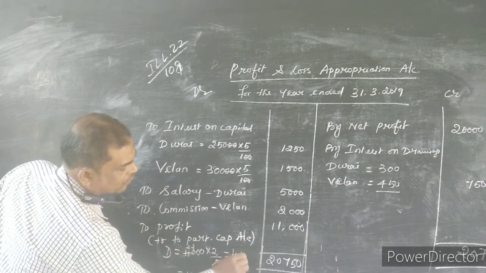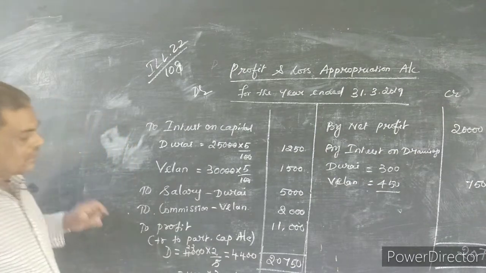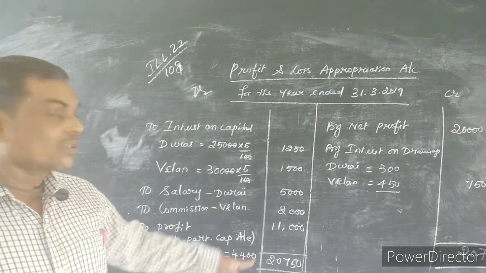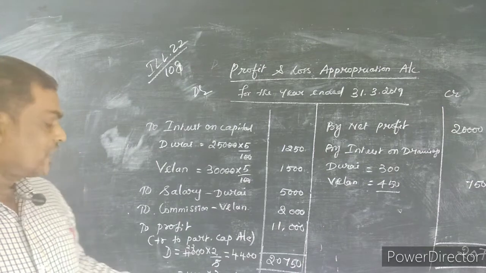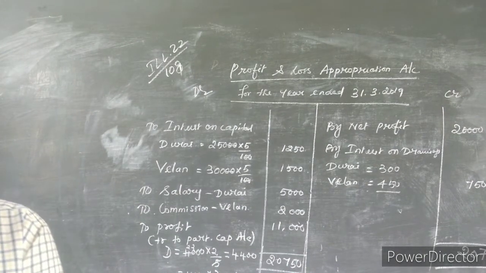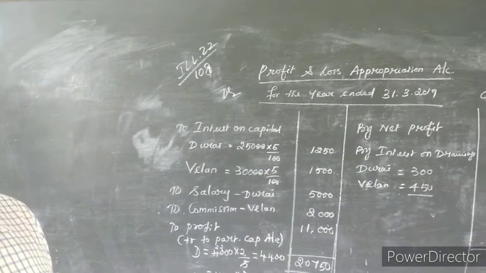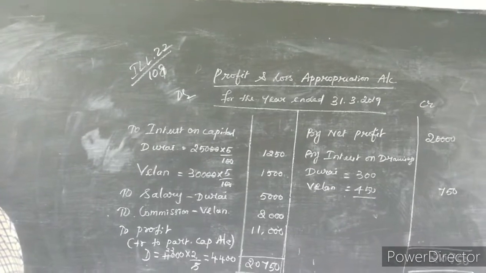Here 4,400, here 6,600. So Durai is getting 4,400 out of 11,000, and Velan is getting rupees 6,600. This is the way you have to find out the profit and loss appropriation account.